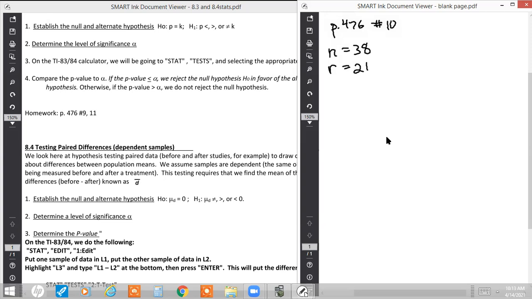Again, on our calculator that's going to be X instead of R. Does this indicate that the population proportion of women athletes who graduate from the University of Colorado Boulder is now less than 67%? Use a 5% level of significance.